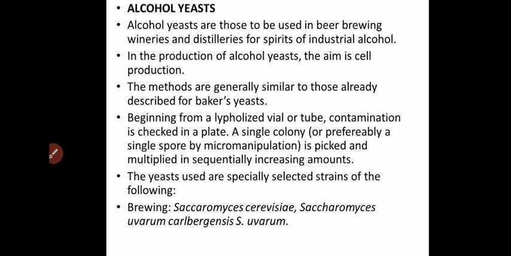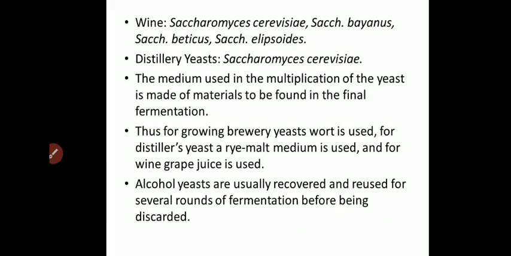This multiplication is carried out in stages by increasing the amount of the medium. Basically, for the production of distiller's yeast, we use different kinds of strains. If it is used for brewing purposes, then Saccharomyces cerevisiae, Saccharomyces uvarum, or Carlsberg strains are used.